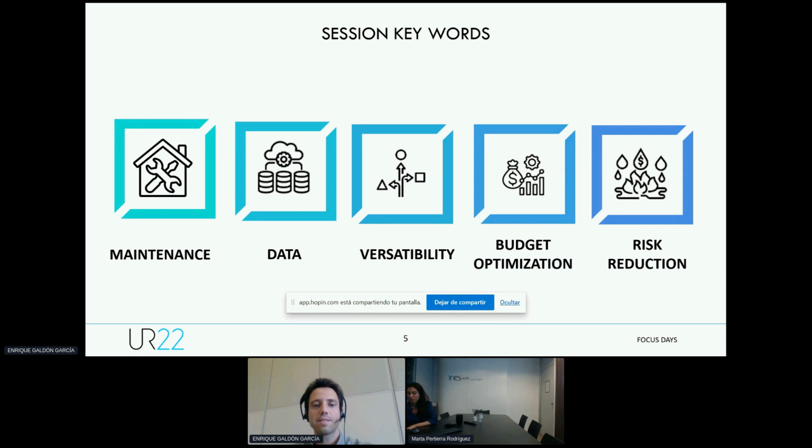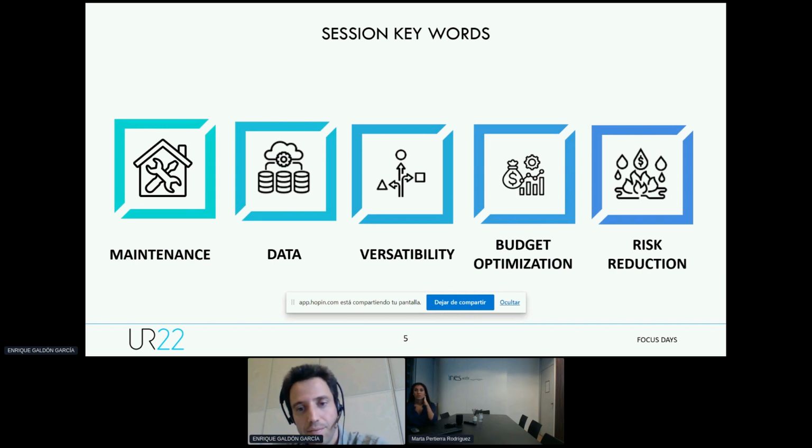Another one is data, the importance of having accurate data, and not only accurate but tailored to the project needs. Additionally to that, we need to have in mind how to deal with it and how to store it. The third keyword would be versatility, which is how, using the same methodological framework, we can address different assets.